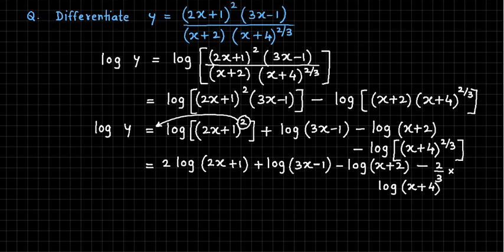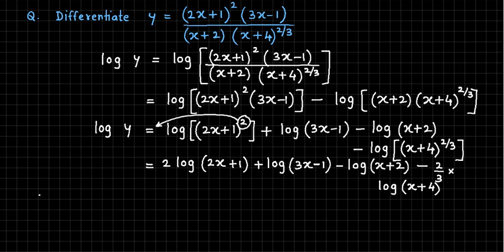Now we have to differentiate, because we have taken the log and simplified. We have 4 log terms on the right hand side, so it is very easy to differentiate the individual log terms.